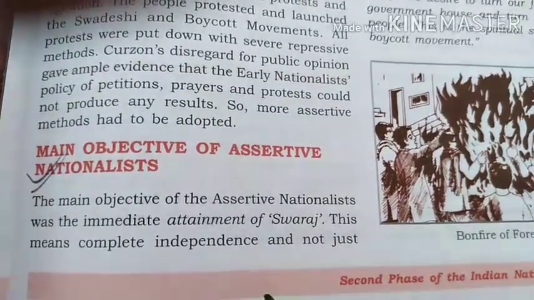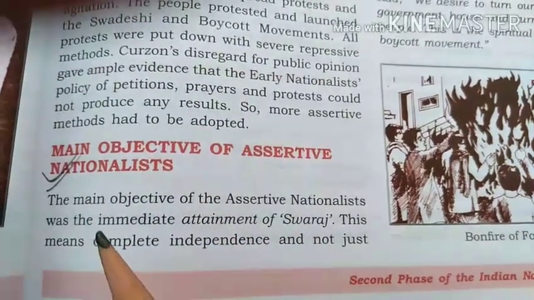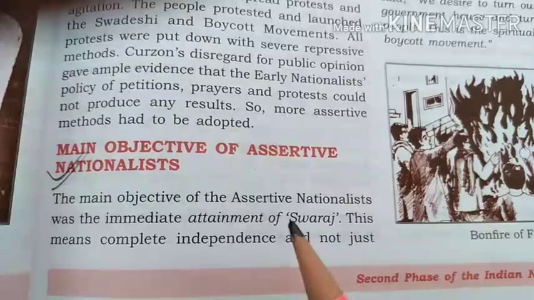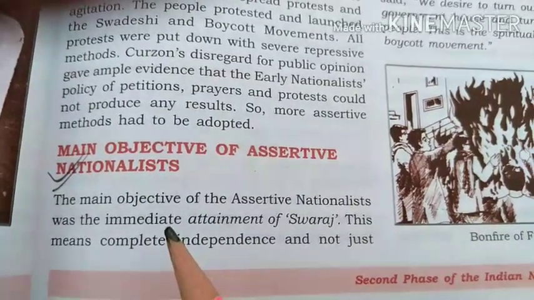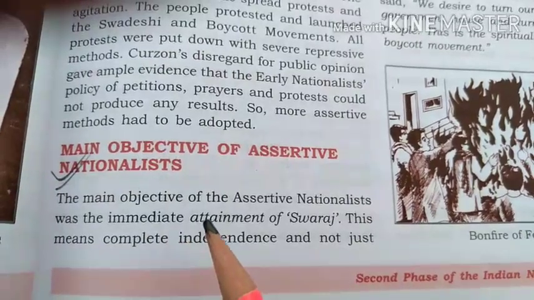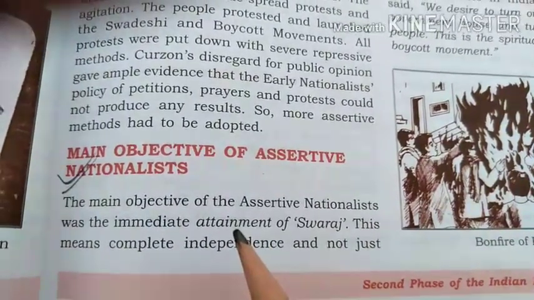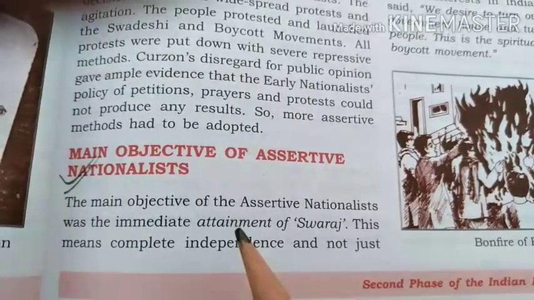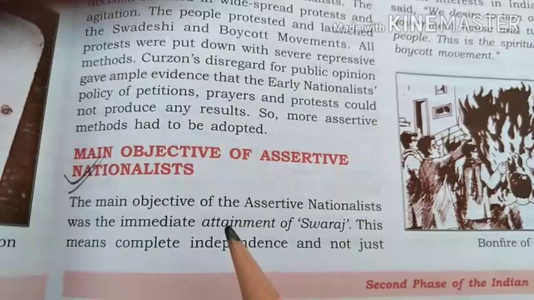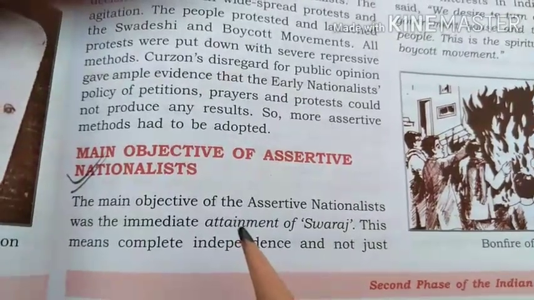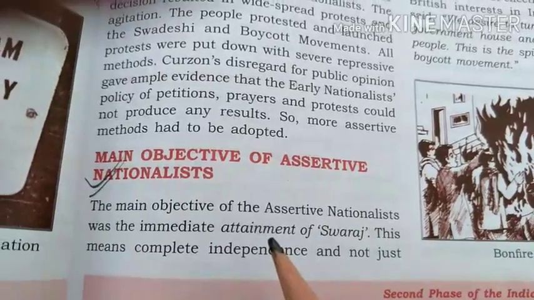So the main objective of assertive nationalists was the immediate attainment of Swaraj. This is the part on the objective of assertive nationalists, and here we are discussing what the main objectives of the assertive nationalists were. The assertive nationalists, or the radicals, wanted immediate attainment of Swaraj.